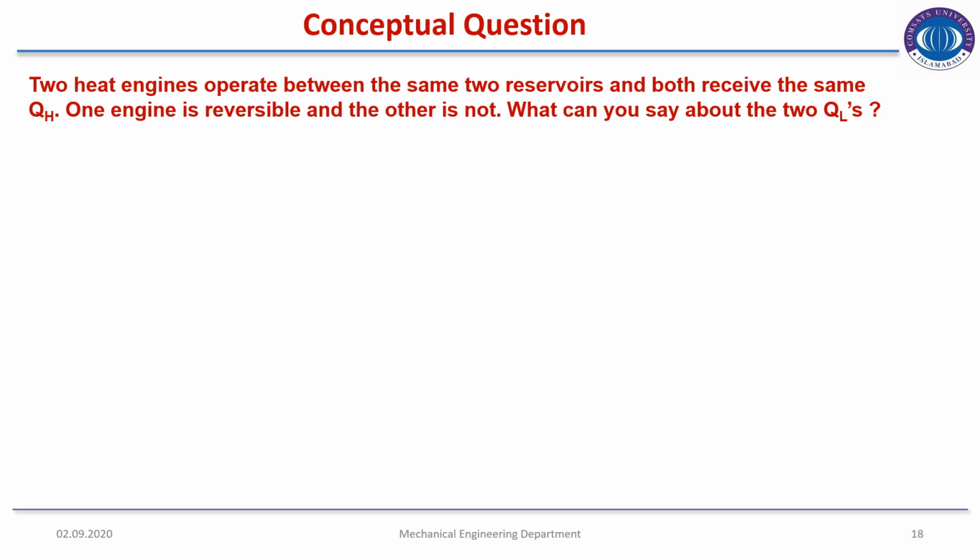I have already discussed the efficiency of reversible and irreversible heat engines. If you have two thermal energy reservoirs and both operate at the same temperature levels, then the reversible heat engine will have a greater efficiency.